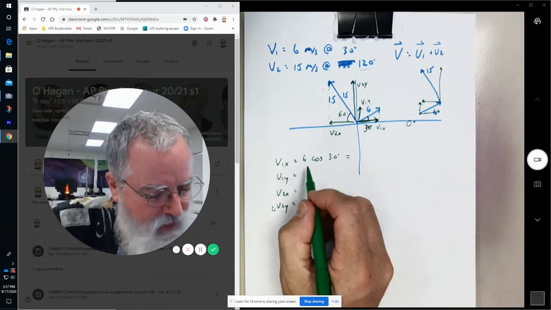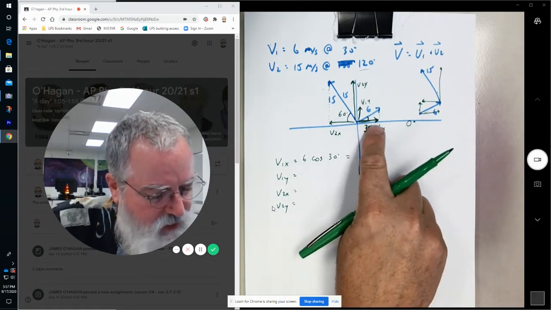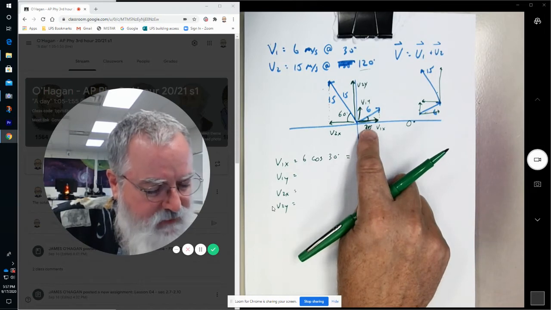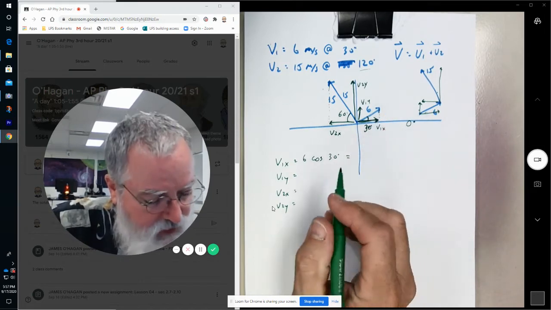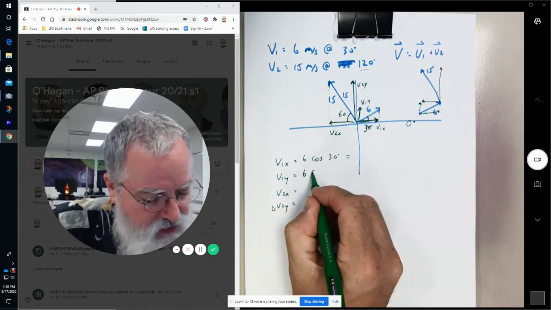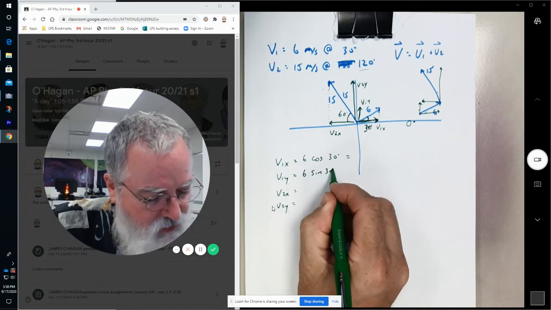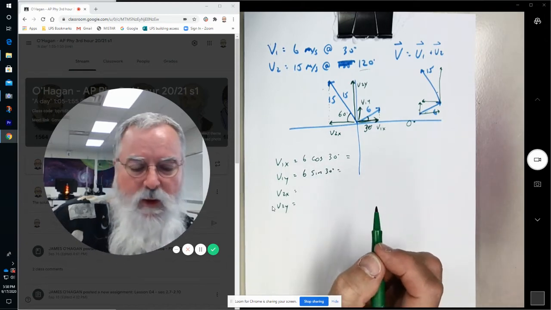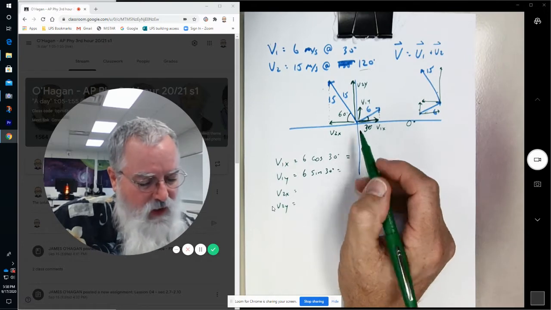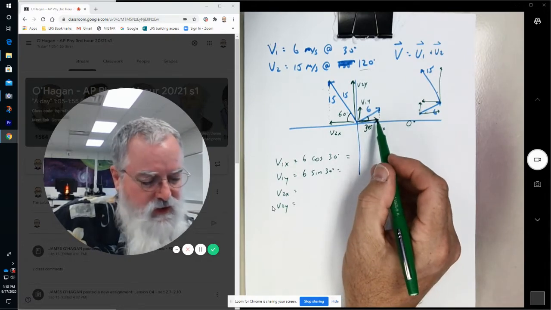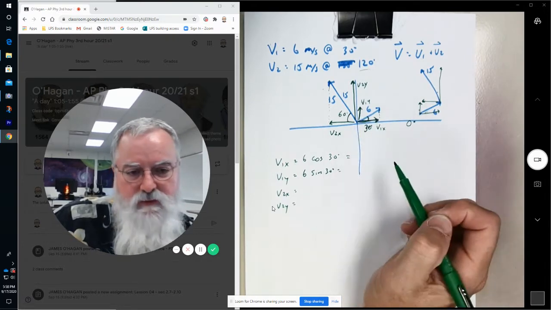The opposite side, use the sine function. It's 6 sine 30 degrees. So now I know, once I do the math, these two parts.